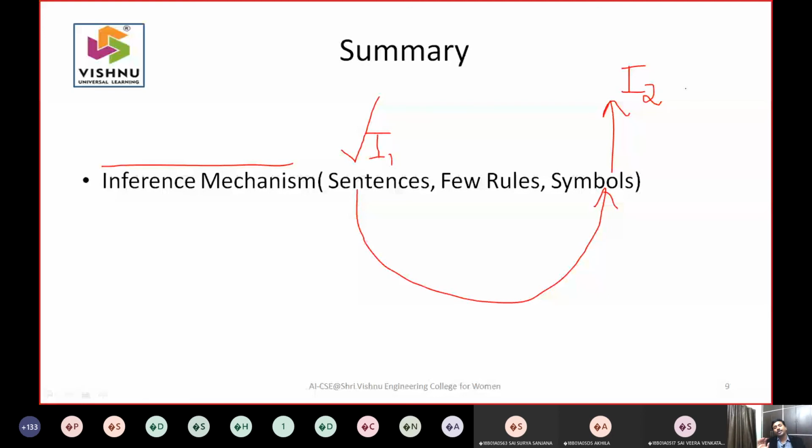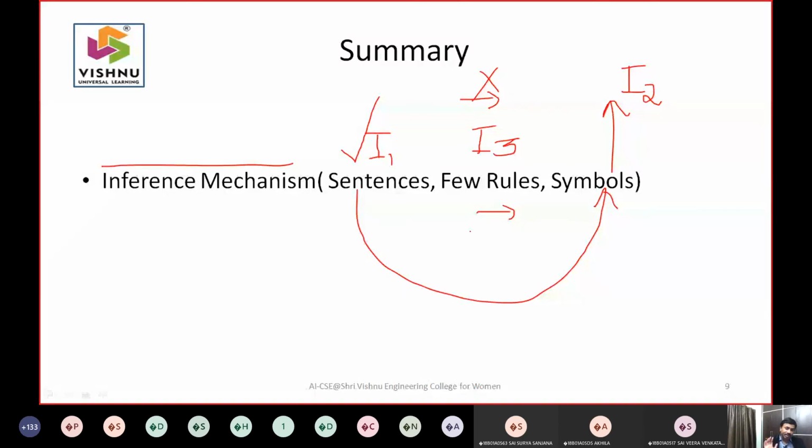And we have some inference mechanism systems which will only follow very specific rules. Like in some mechanisms, this implication operator is not valid. They should not use this, except that any other operation is valid. Or in some mechanisms only this implication is valid and AND and OR are not valid. So we will see that type of systems.